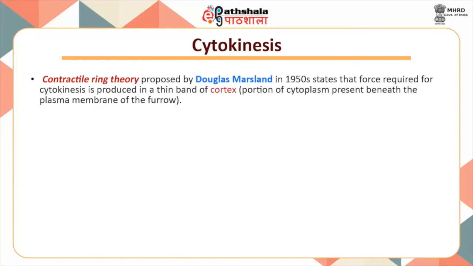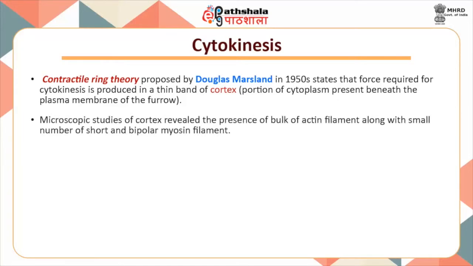One theory, proposed by Douglas Marsland in 1950, is known as the contractile ring theory. It states that the force necessary for cytokinesis is produced in a thin band of cortex. Cortex is a portion of cytoplasm present beneath the plasma membrane of the furrow.